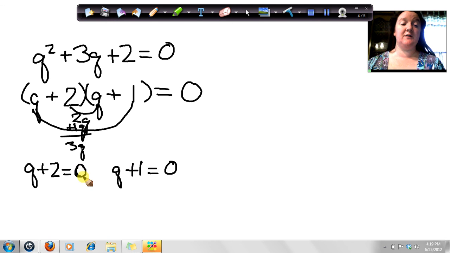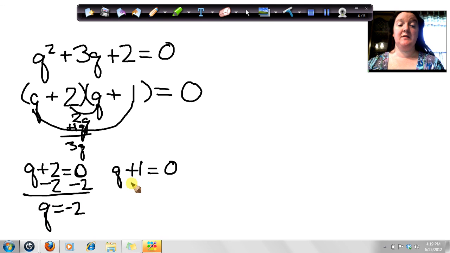Here we're going to subtract 2 from both sides because we want to get the q by itself. So we know q is equal to a negative 2 to begin with. Here we're going to subtract 1 from both sides. So now we know that q is equal to a negative 1. So we have two answers: q is equal to a negative 2 and q is equal to a negative 1.